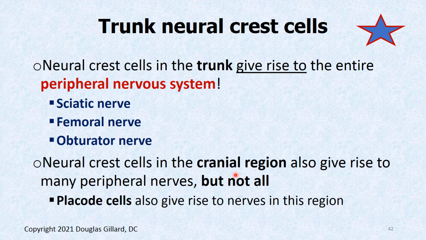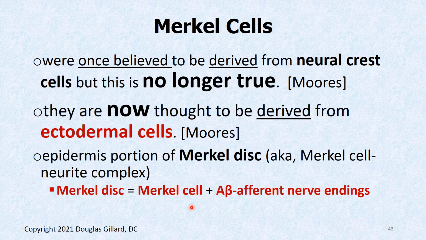But there's some in the cranial region, they don't make all of the cranial nerves. There are cells called placode cells, which are stem cell-like as well, and they can also give rise to nerves in the cranial region.